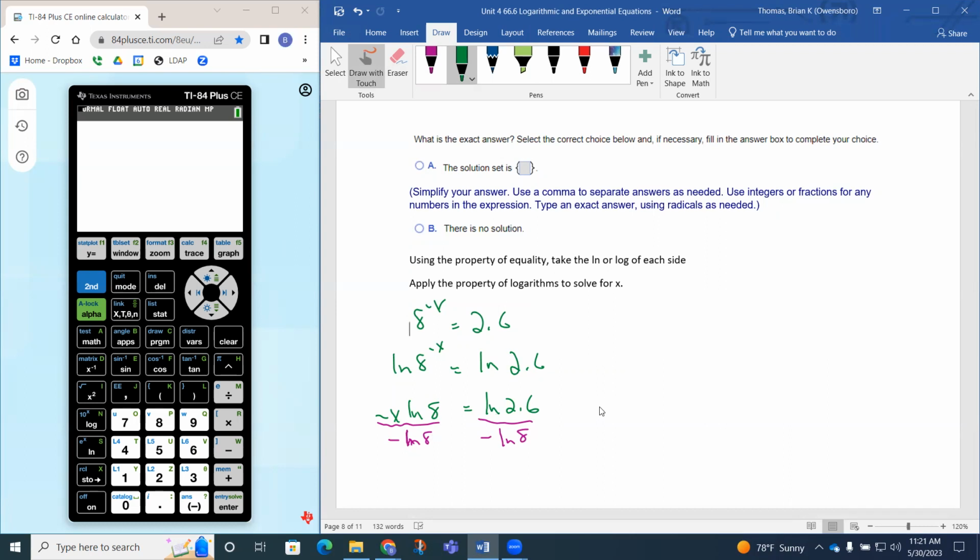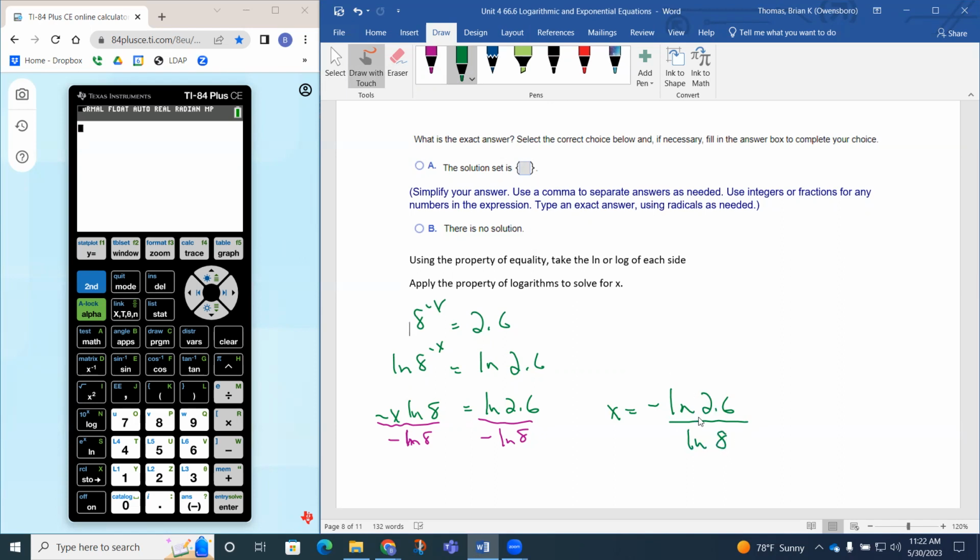That just leaves me with 1x, or x equals. Instead of leaving the negative on the bottom, I like to move the negative to the top. So this is going to be the negative natural log of 2.6 divided by the natural log of 8.